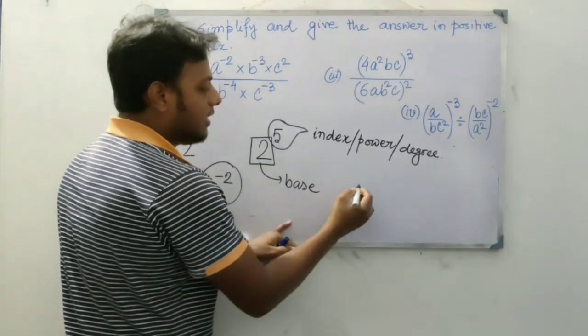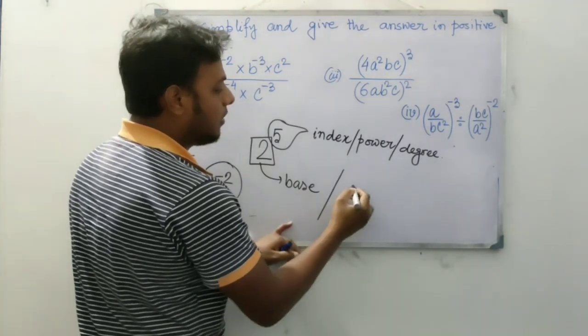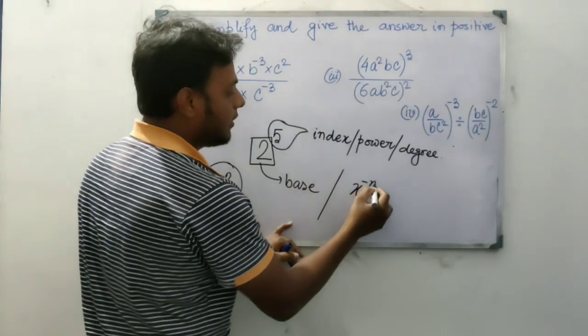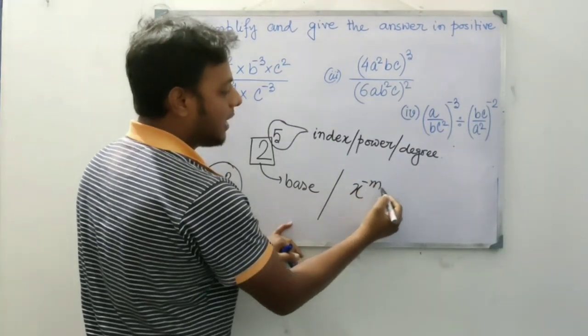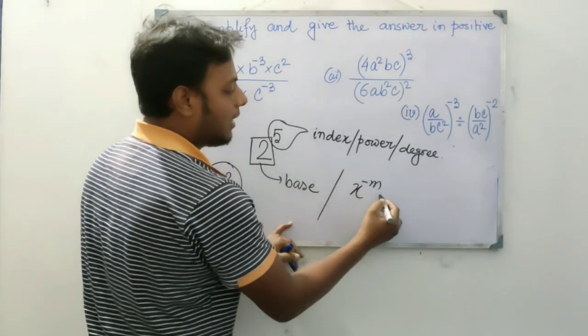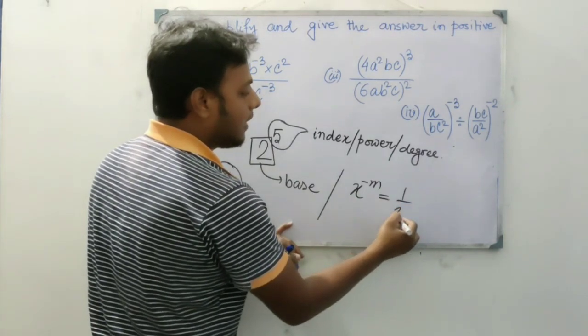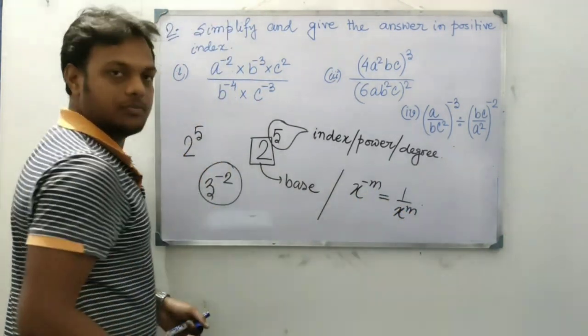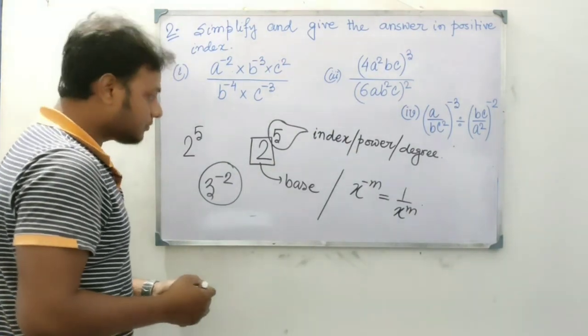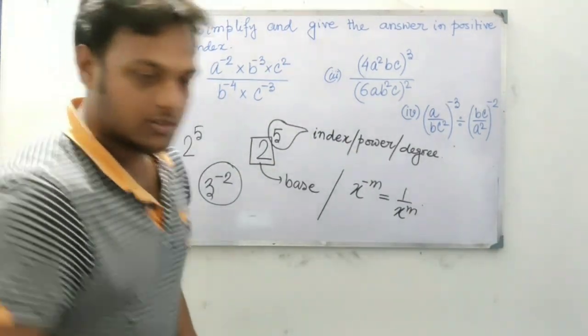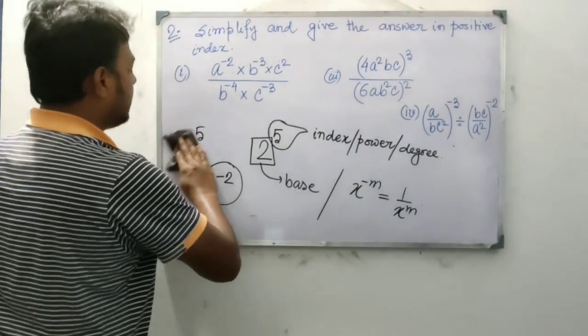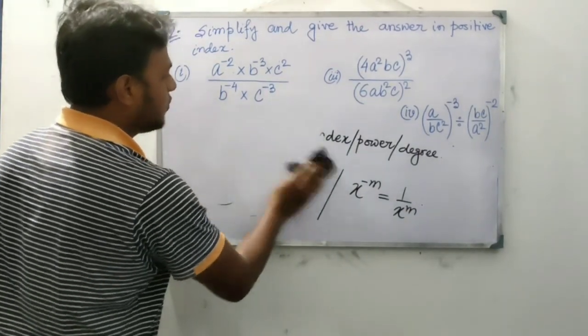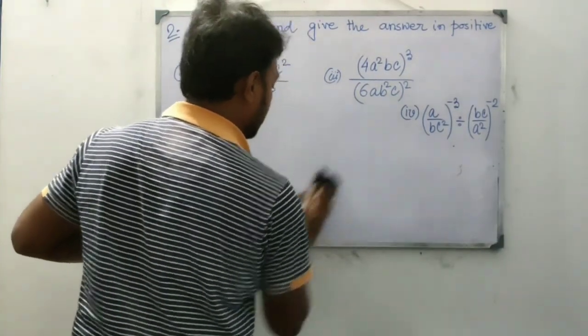Just recall the law that x to the power minus m, here the index minus m is negative, can be written as 1 by x to the power m. So we have to use this rule. Understood? Okay, next I am solving the first problem.